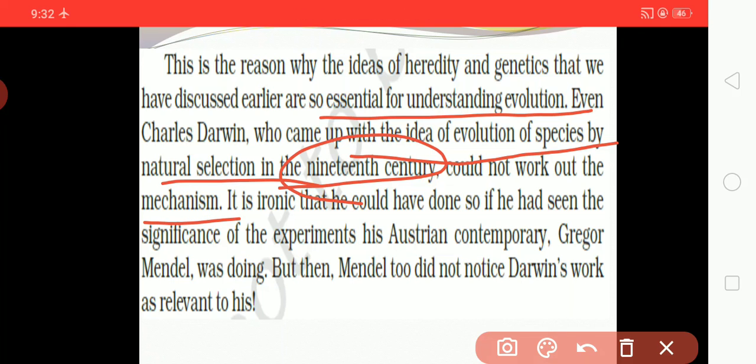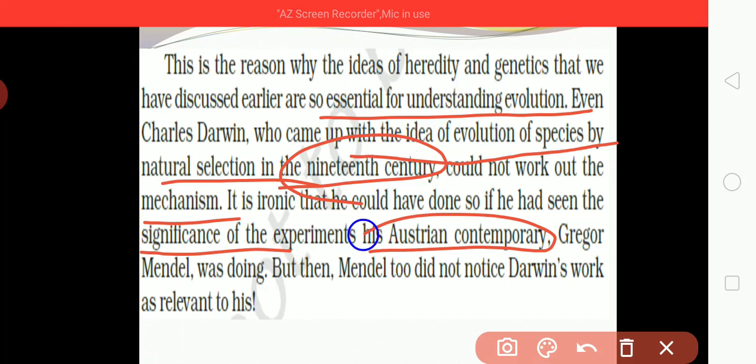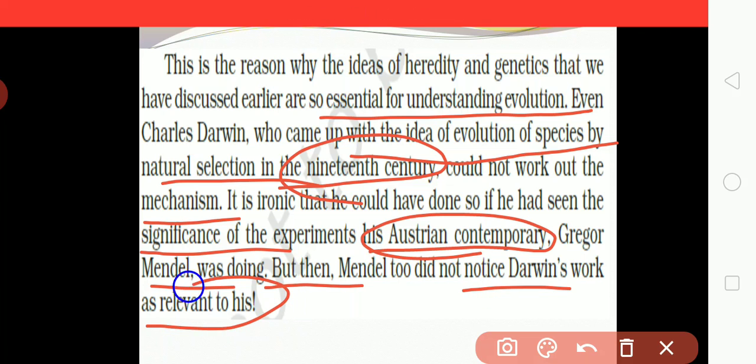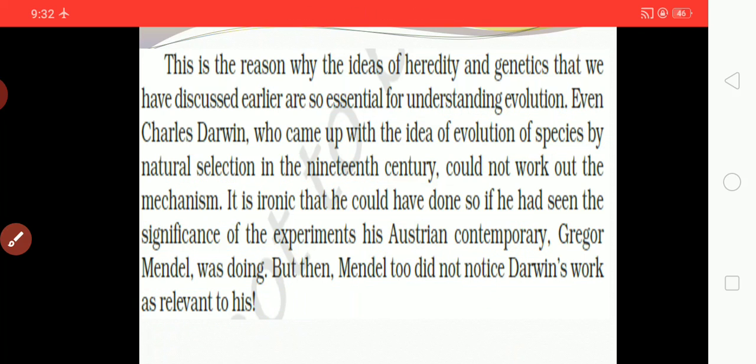It is ironic that he could have done so if he had seen the significance of an experiment his contemporary, Gregor Mendel, was doing. But Mendel too did not notice that Darwin's work was relevant to his.